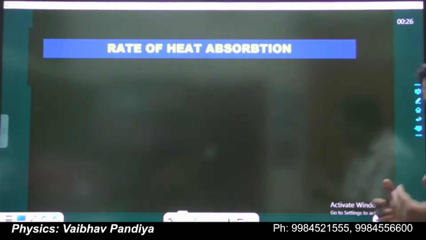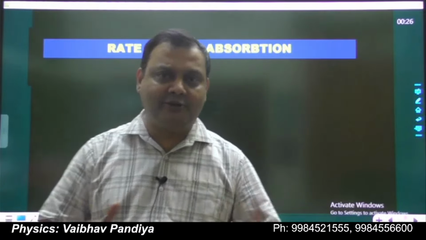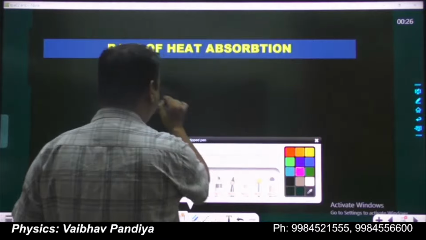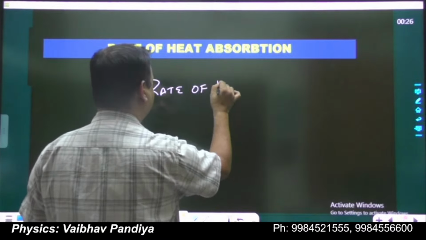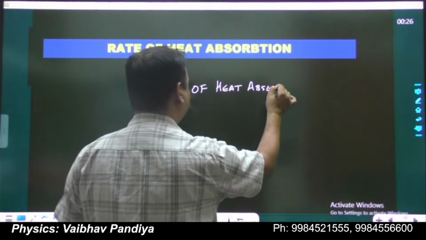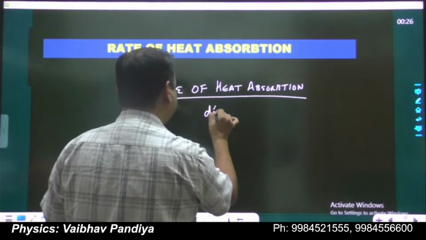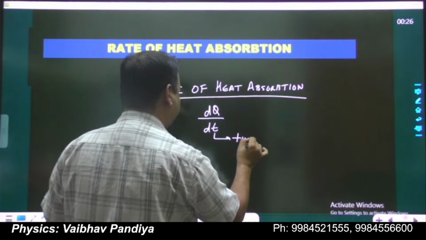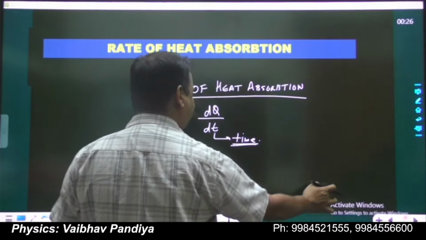Now let's see what is the rate of heat absorption. Sometimes in the problems or in the articles, we have to find or relate the rate of heat absorption. So rate of heat absorption means dQ by dt. t here means the time, how heat is getting absorbed with respect to time, the time rate of change of heat.